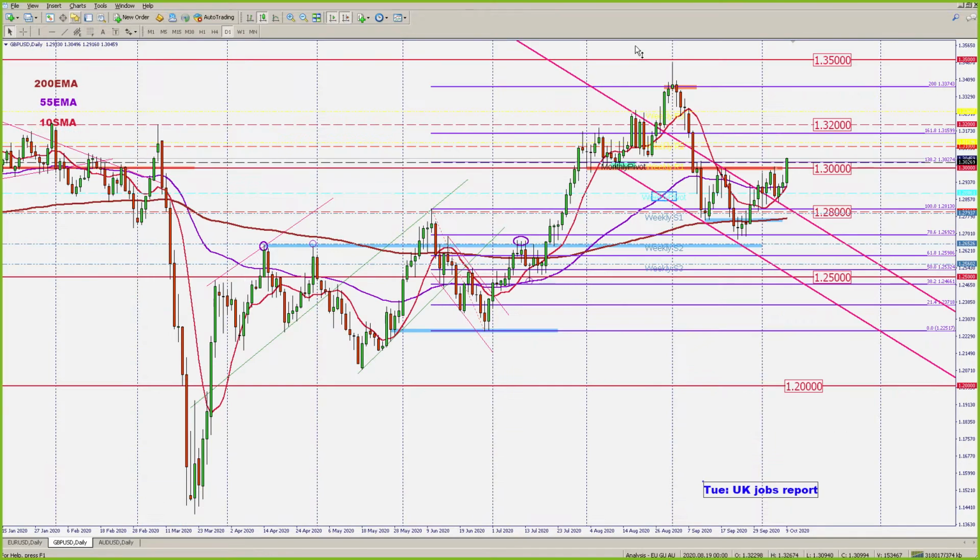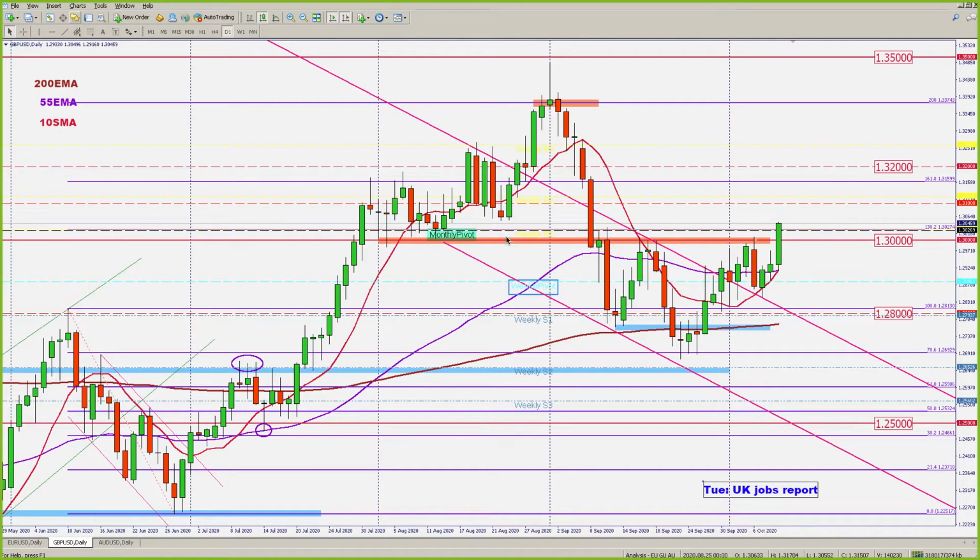Let's take a look at the pound sterling. On Tuesday, we have the jobs report from the UK. Similarly, in this case, it has bounced off the bearish channel that it broke up from after hitting the 130 level, pulled back to retest that and climbed back up, and now has broken the 130 resistance zone.